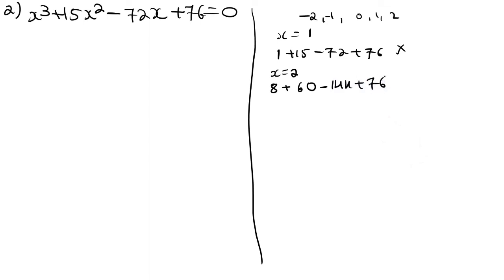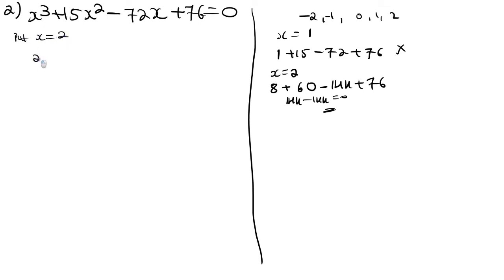Check: 76 plus 60 plus 8 is equal to 144, minus 144, you will get 0. So put x value equal to 2.